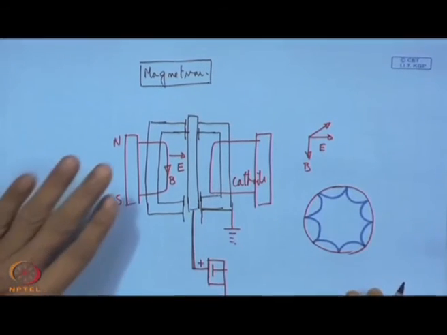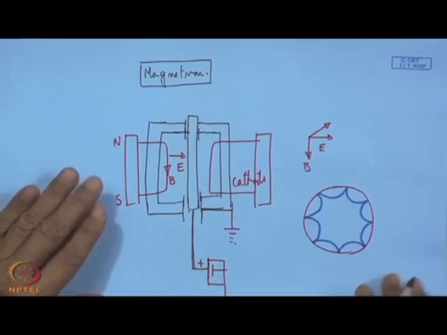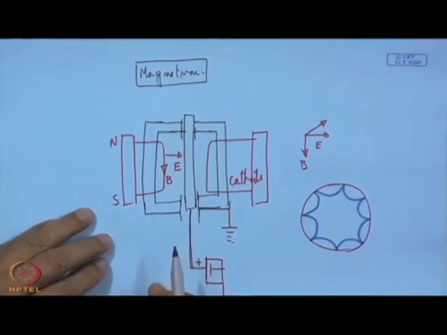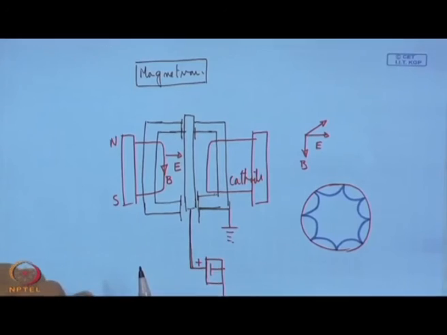That means, basically the whole idea of using this magnetron is to augment the ionization efficiency. That means the efficiency of the electron to make more meaningful ionization. Each electron becomes more and more efficient when it is confined, localized and locked in a particular orbit.